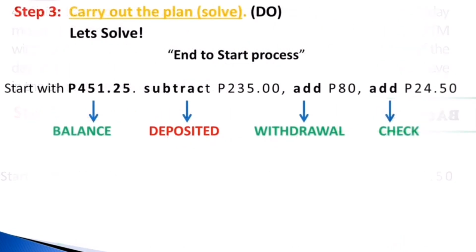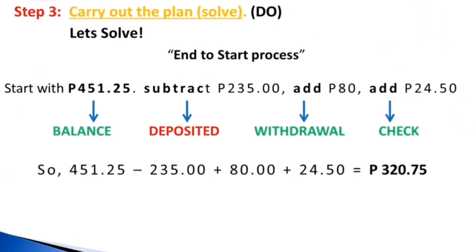Okay, so let us have now the third step, carry out the plan. The keyword is do. Simply follow the sequence: bring down 451.25, subtract means minus, add means plus, and of course add it. Basically, if we simplify it using our calculator or our notes for the manual computation, we will arrive at 320.75 pesos.